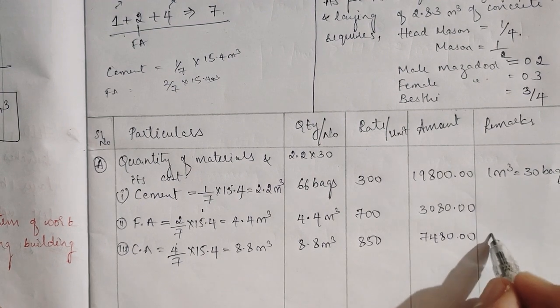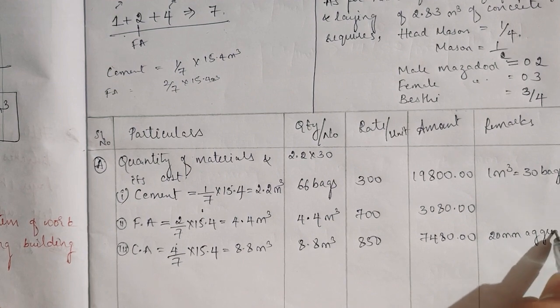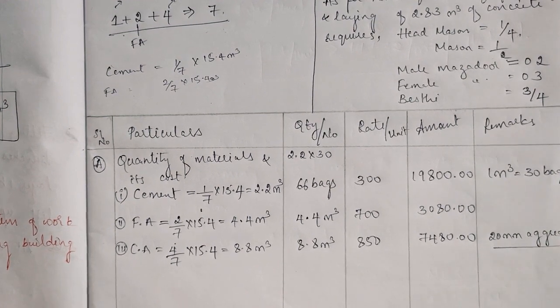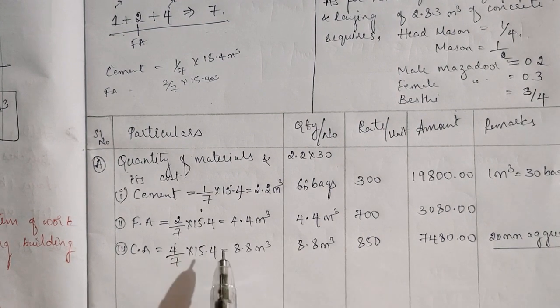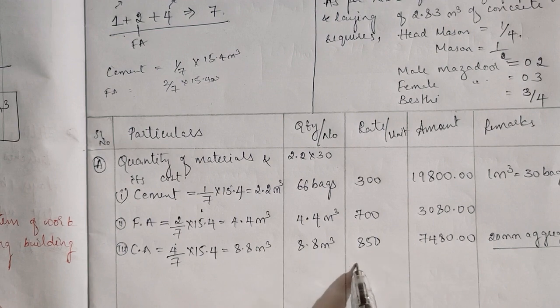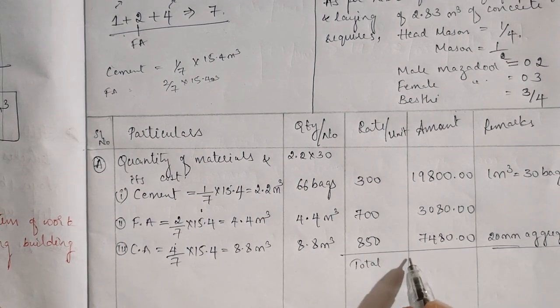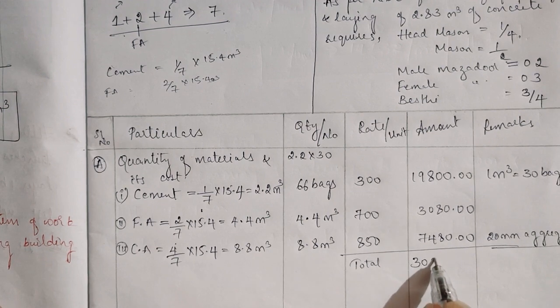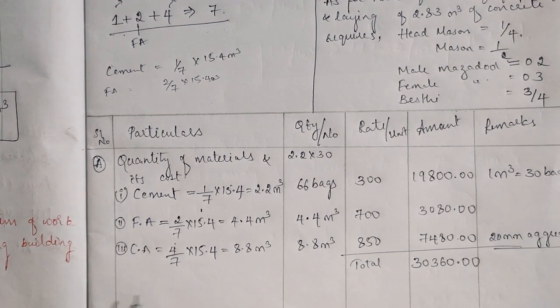For this coarse aggregate, I took 20 mm aggregate. So for 20 mm aggregate, you just see the rate. So next, after this quantity, just take the total. How much is the total? 30360.00.